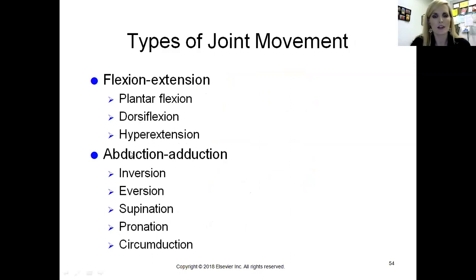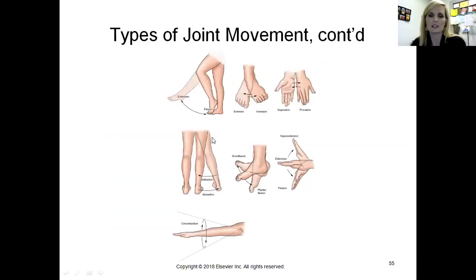The next two terms, abduction versus adduction. They're showing this on the left-hand side of your screen with the leg. Abduction means movement away from the midline of the body, whereas adduction is coming back towards it. You can do that with your arm too. When you take your arm away from the body, that's called abduction. So ab with a B, B for boy.